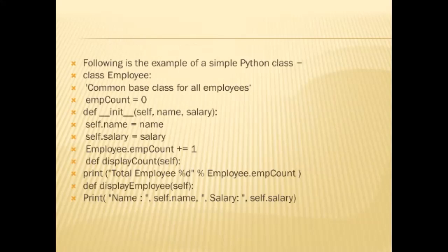Def displayCount(self): we print the total employees and the employee count. From that, we are displaying his name and salary. For example, the input we gave is Vashi, with salary 10k. We'll get the output as name Vashi, salary 10k.